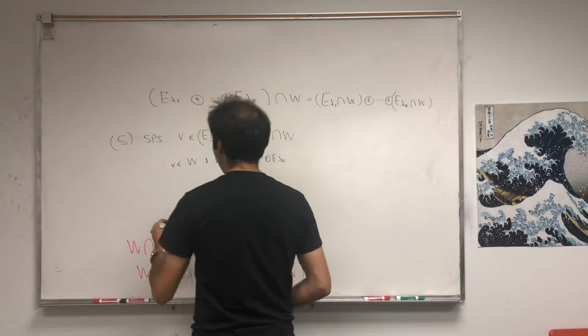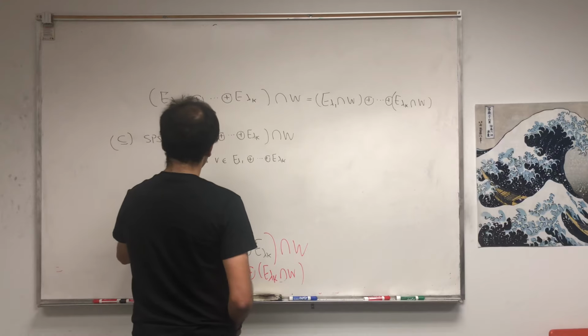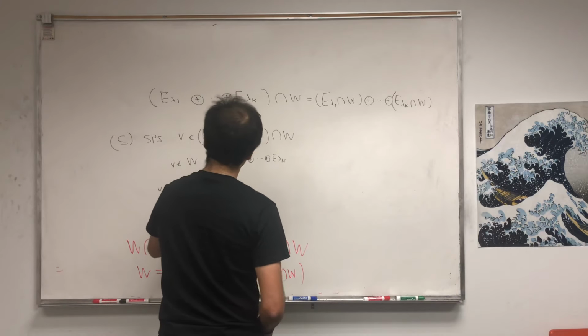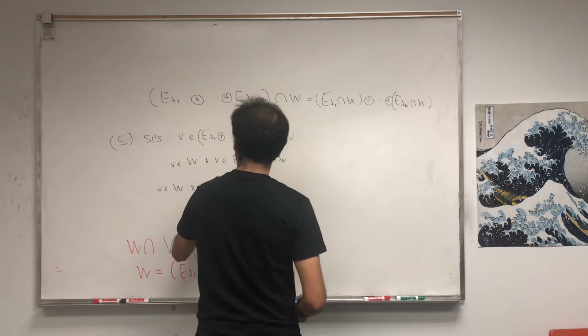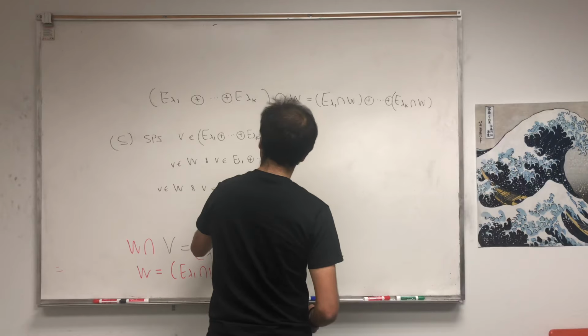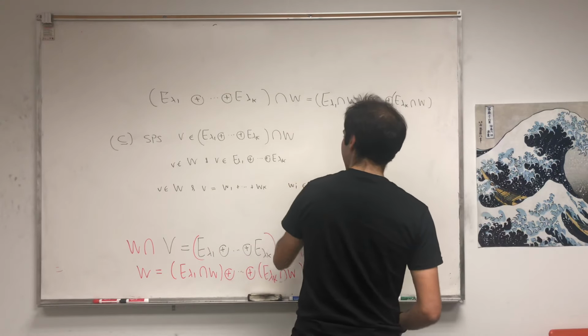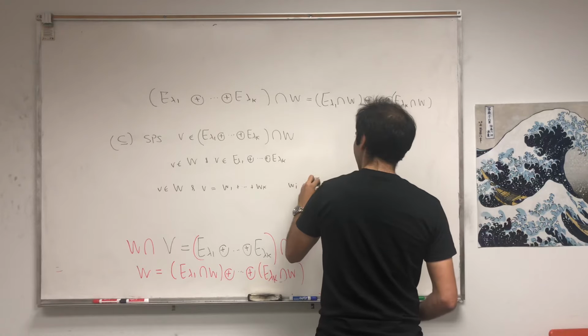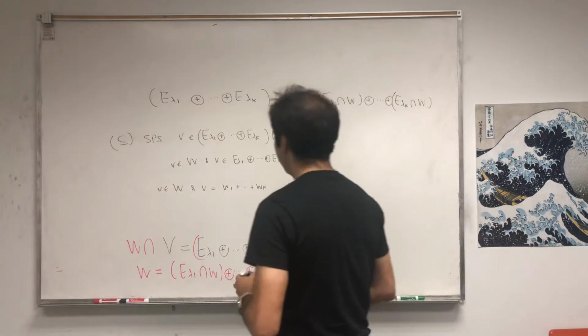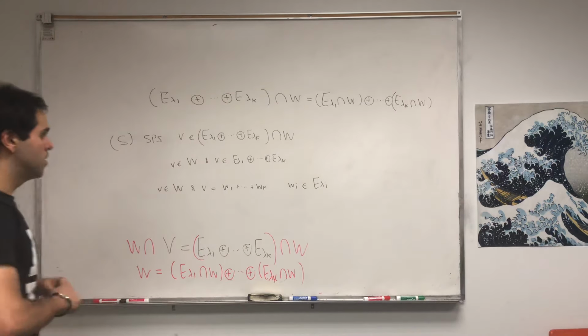So V is in W, and V equals just a sum of vectors, W1 plus dot dot dot plus Wk, where Wi is in E lambda i.